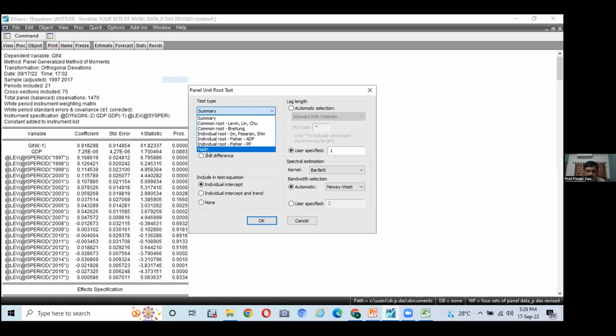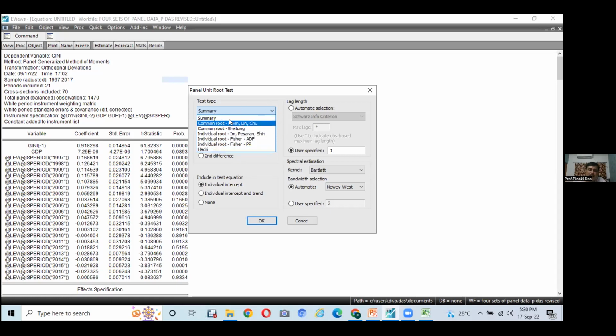Among the 6 alternative methods that are available in EViews software, in the first 5 types of method, the null hypothesis is non-stationary and the alternative hypothesis is stationary. Whereas Hadri designed his test statistics in such a way that the null hypothesis is stationary, whereas the alternative hypothesis is non-stationary.